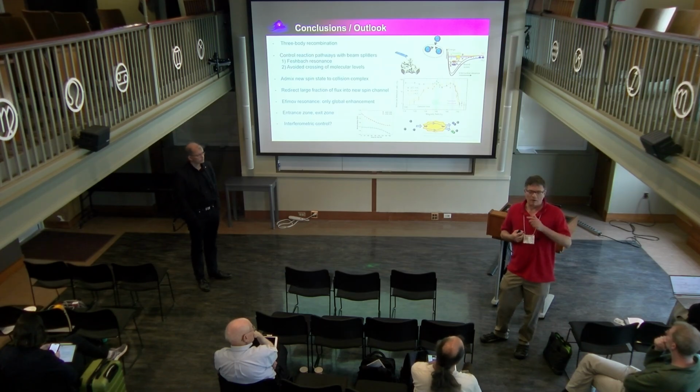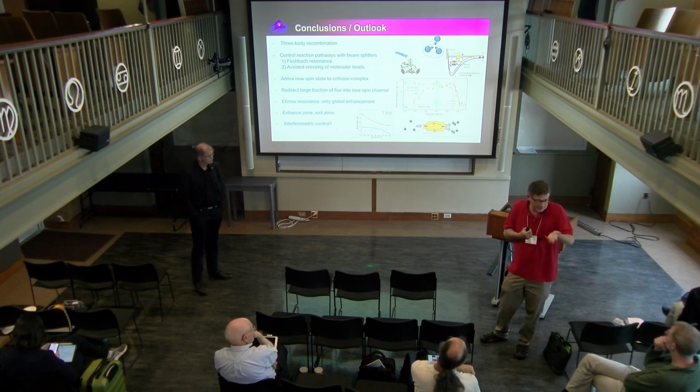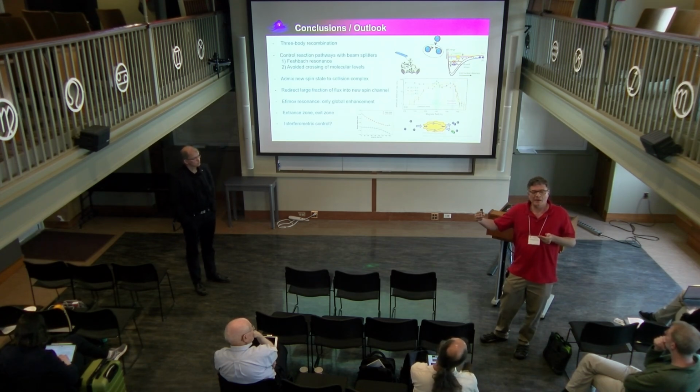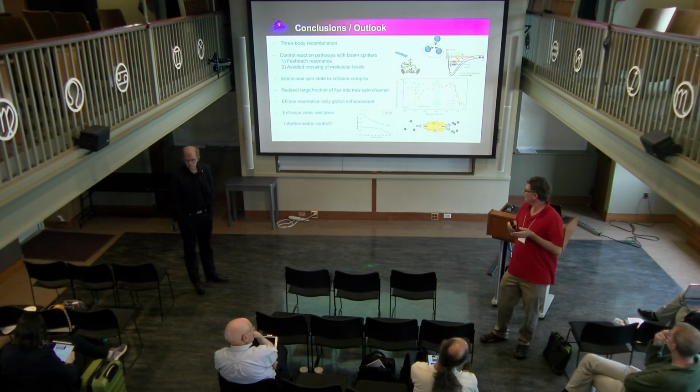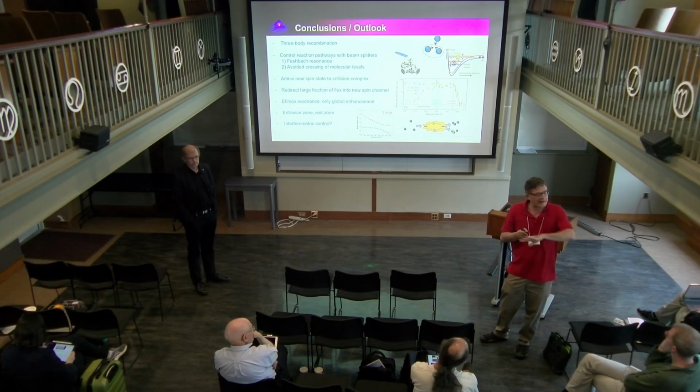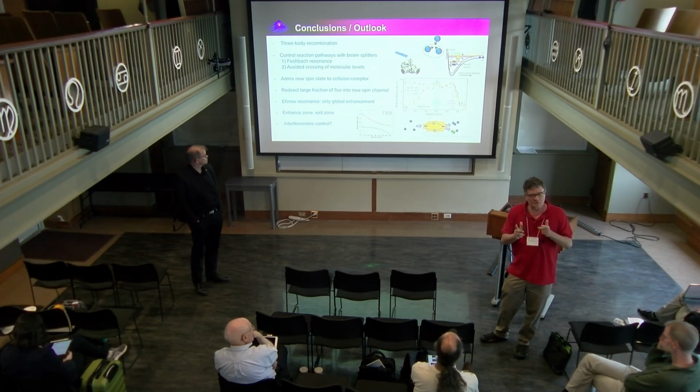Oh, yeah, so how people used to produce molecules very efficiently is by ramping the magnetic field over a Feshbach resonance. And that works, and that's a great control. Here, we are just really looking at three-body recombination.